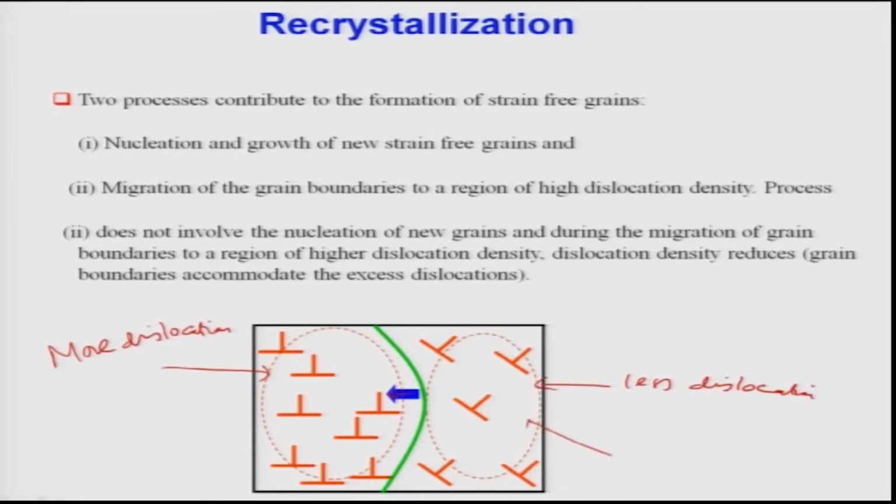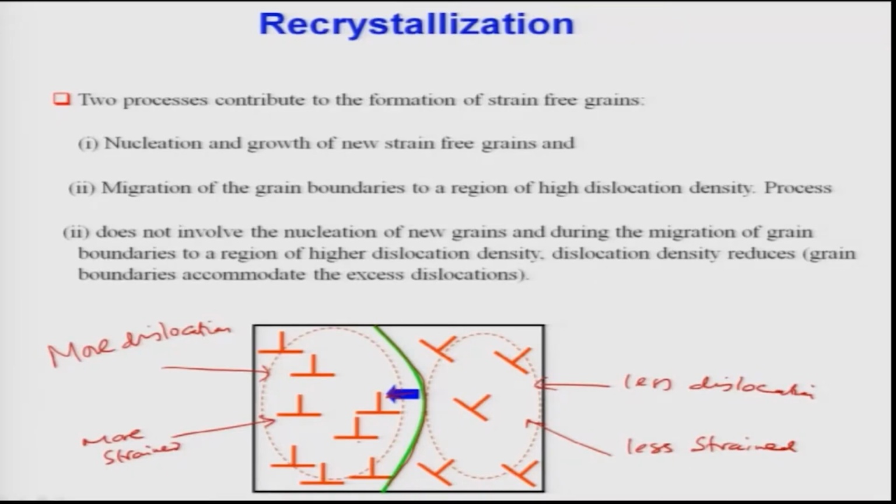Obviously, because of the lower number of dislocations this is less strained, and this is more strained. The strain energy accumulated is more if you have more dislocations. So the grain boundary, which is the green color, will move along the arrow given by the blue. So that is the way the grain boundary moves.